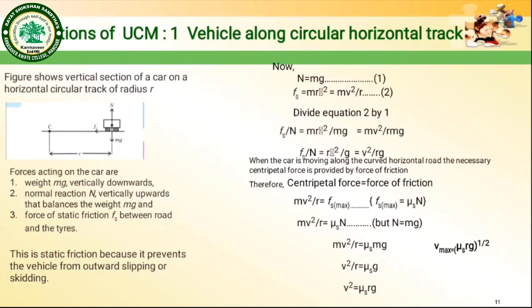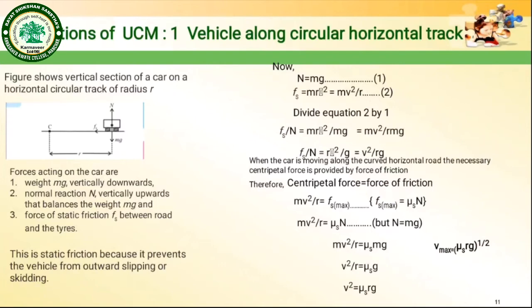Now, from the figure, we can say that N is equal to mg. We can write it as equation number 1. We know that Fs, which is static friction, is equal to m r omega square, which is equal to mv square upon r. We can write it as equation number 2. So, divide equation 2 by 1.